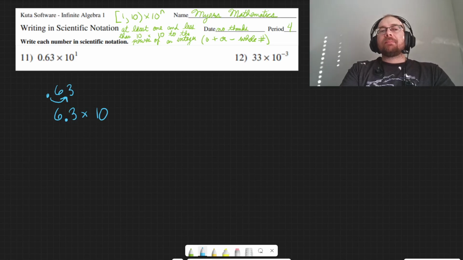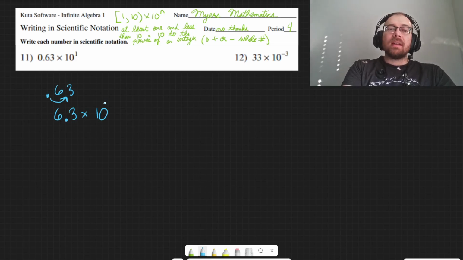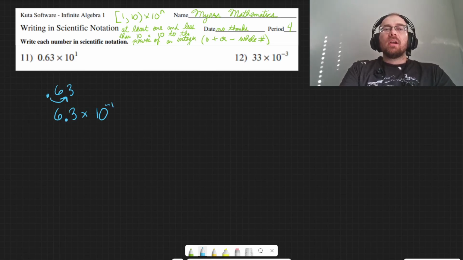And the thing is, if you have a small number, then you're going to need a negative power. And if you have a big number, you're going to need a positive power. We had a small number. 0.63 is smaller than 6.3. So we had a small number, we need a negative power. And just to be sure, 10 to the negative 1 is 0.1, or it means that we're moving the decimal place to the left by one space.